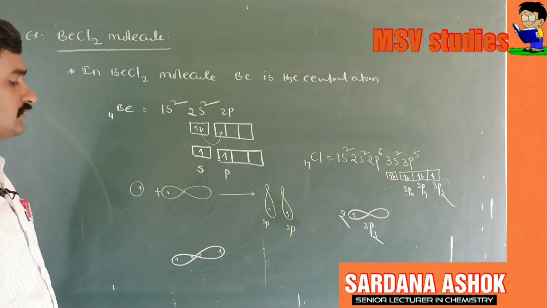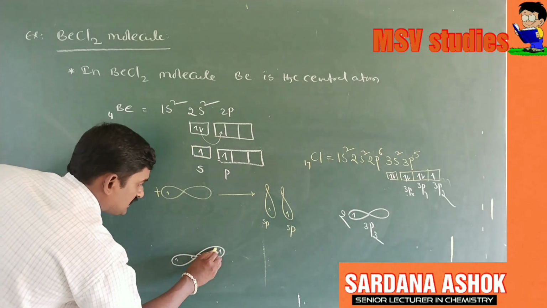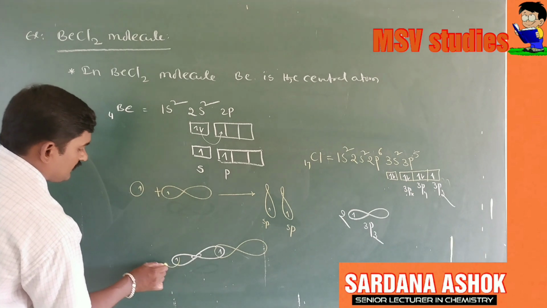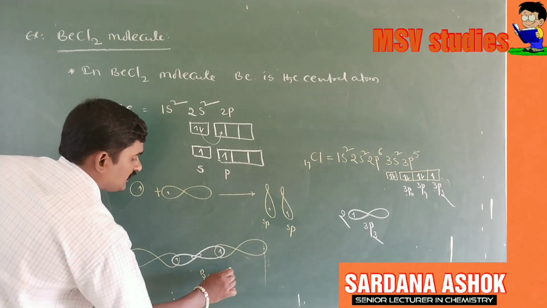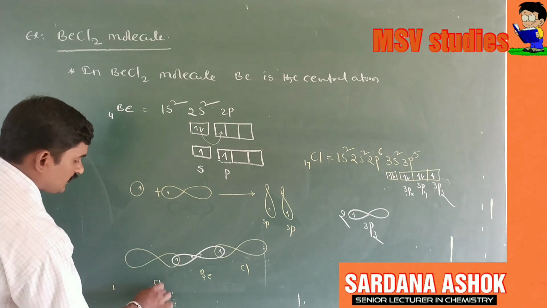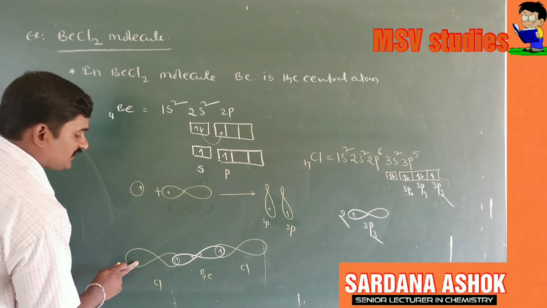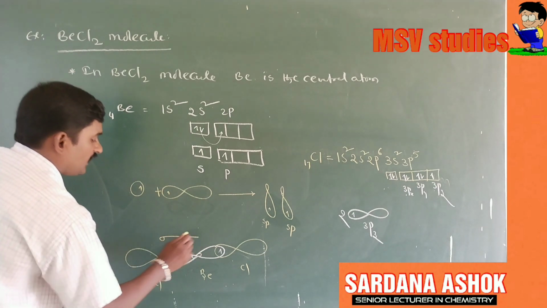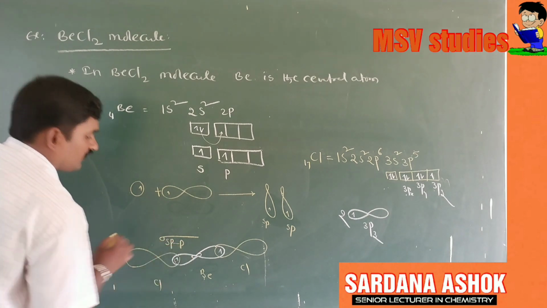The two 3pz orbitals of the two chlorine atoms are involved in head-on overlapping with the sp hybrid orbitals of beryllium. This is the beryllium, this is the chlorine, and by overlapping of the 3pz orbital with the sp hybrid orbital of beryllium, a sigma sp-p bond is formed.